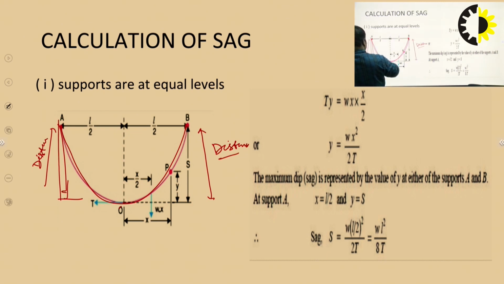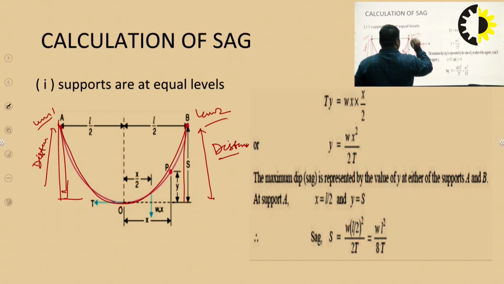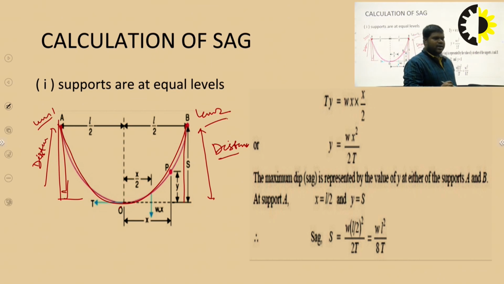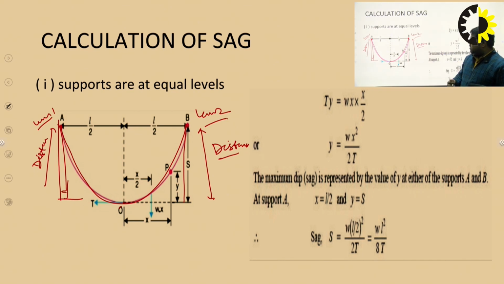Basically, support 1, support 2, level 1, level 2. A question may be asked in an interview in another way: what is the formulation and calculation procedure to find the sag at the same level from the clearance?